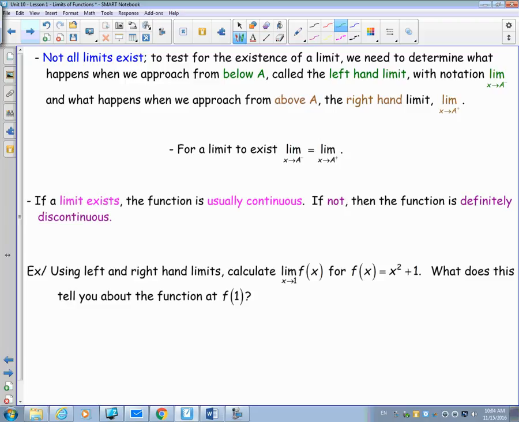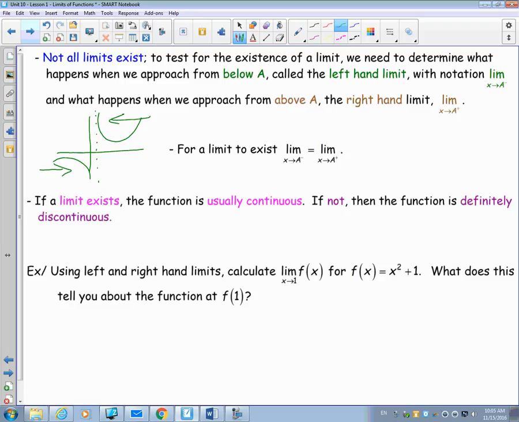As I was saying a second ago, not all limits exist. If a limit doesn't exist, we can figure that out by using left and right hand ideas. The left-hand limit is what happens as you approach from below a point. Let's say I had a graph: as I approach from the left, maybe something's happening here, and as I approach from the right, maybe something else is happening there.